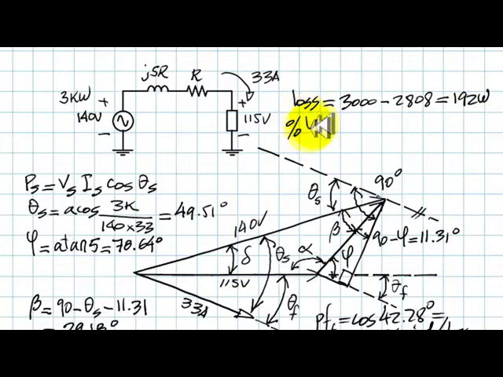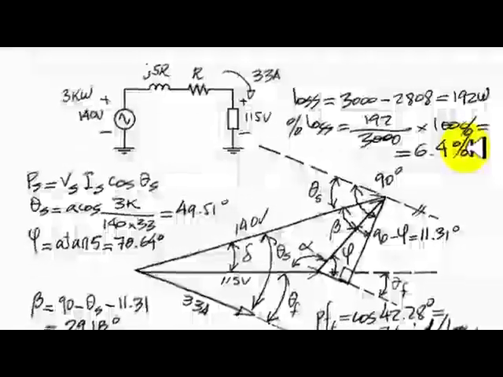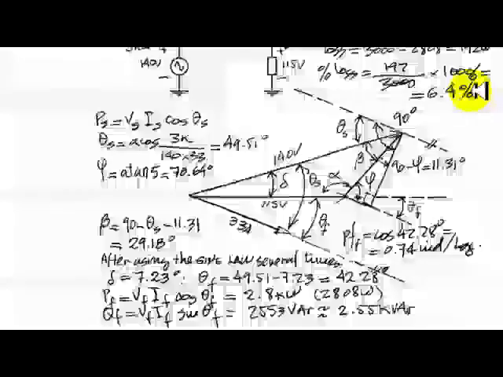In percentage, with respect to the 3,000 we're taking that from, that is divided by 3,000 times 100%, that is 6.4%, and that is the answer to this question. Thank you very much.